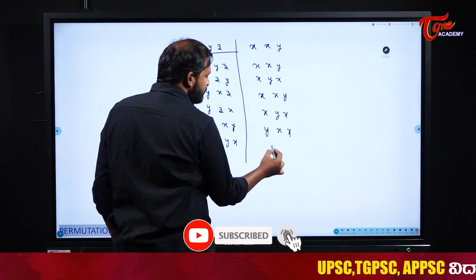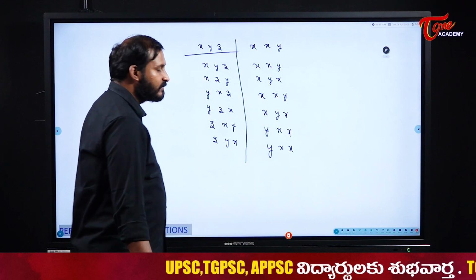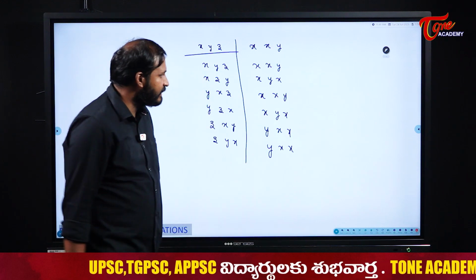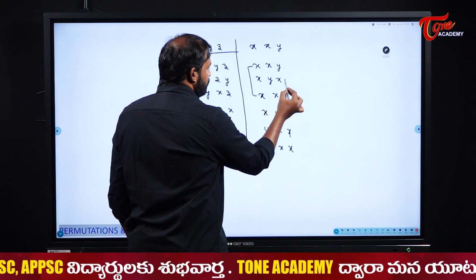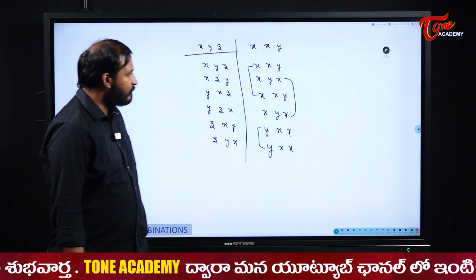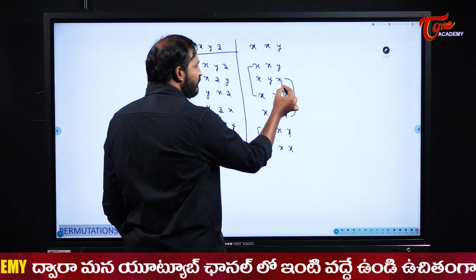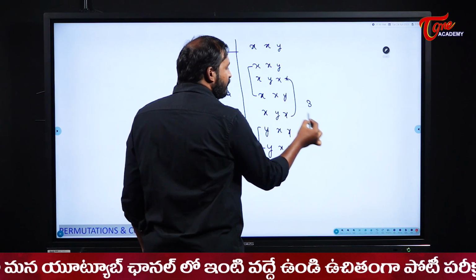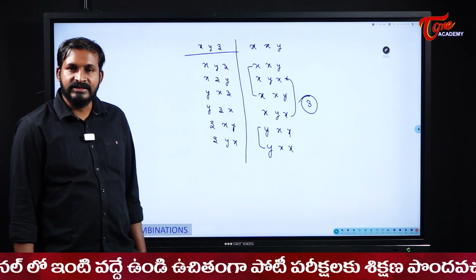YXX. Now please observe here. If you observe carefully, these two are same, and these two are same. Am I correct? So I am writing the arrangement multiple times, so I should delete them once. So overall, after deleting multiple times, the answer I got here is 3.